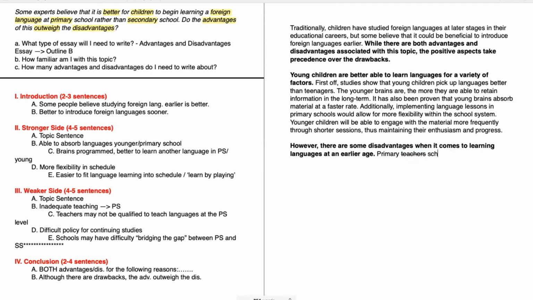So I'll say primary school teachers may not be qualified to provide lessons in foreign languages, resulting in inadequate teaching. For my example here, I'm going to say something along the lines of teaching, but I actually just thought of an idea and I'm going to write it here.